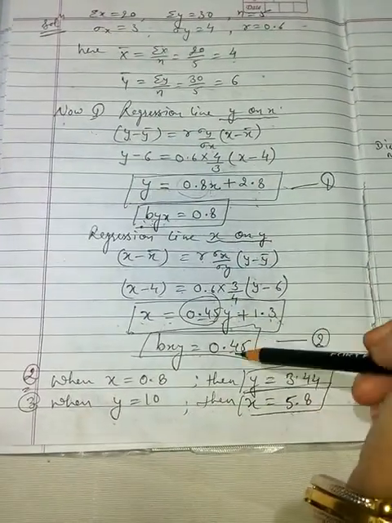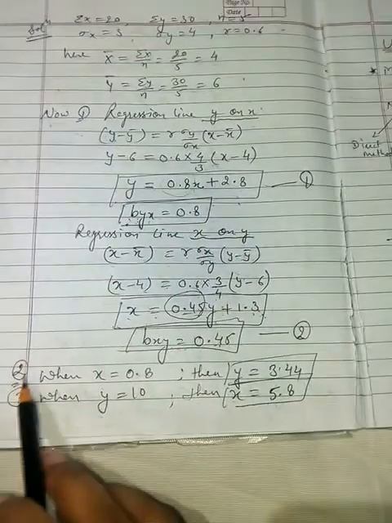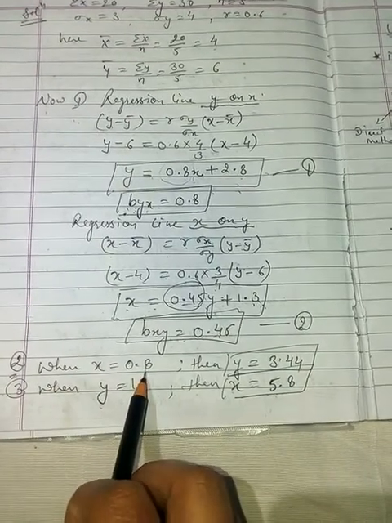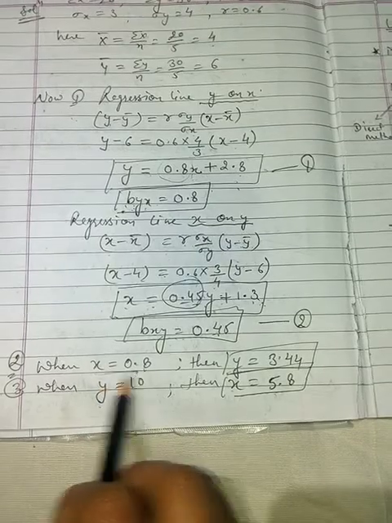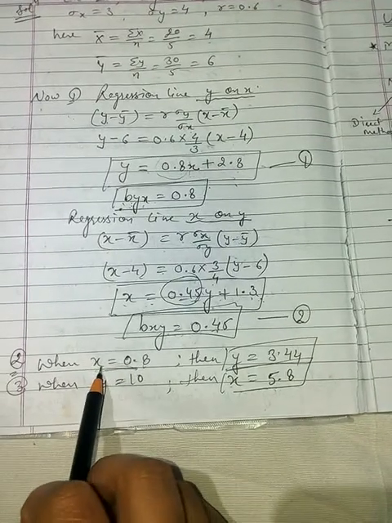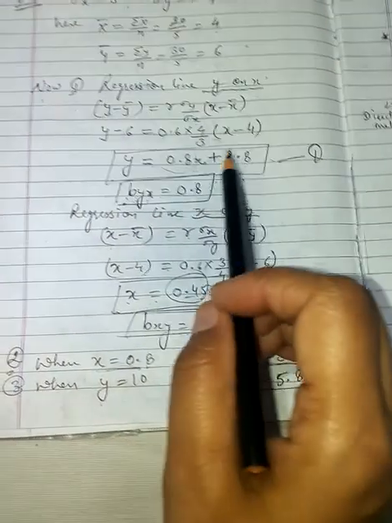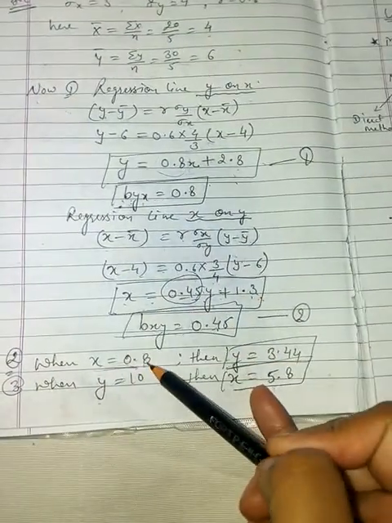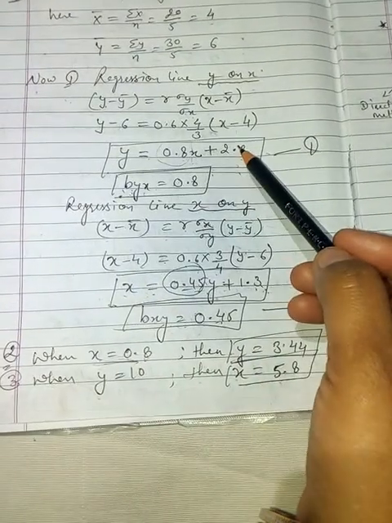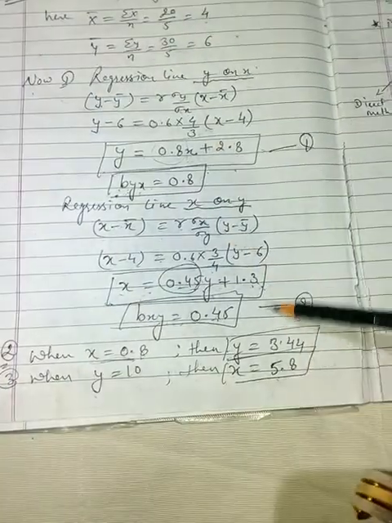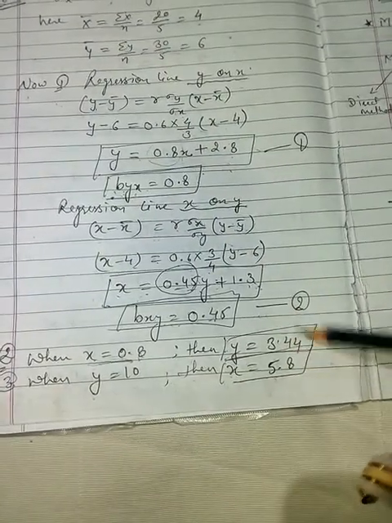After getting these two regression lines, the second point is to calculate y when x is equal to 0.8. If x is given, the independent variable is x, and we need to calculate y, the dependent variable. So we put the value of x, 0.8, in the first equation, and we get y is equal to 3.44.